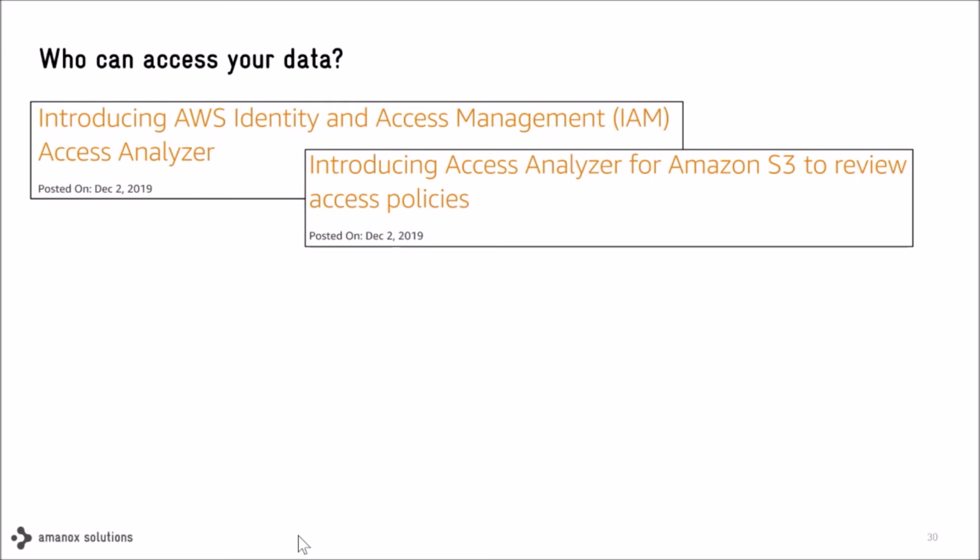You also have the Access Analyzer, for example, for Amazon S3, the object storage service. When you enable it, the Access Analyzer for S3 will automatically be visible in the S3 management console.